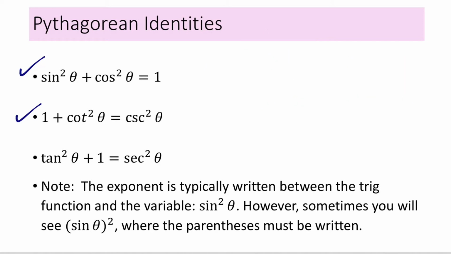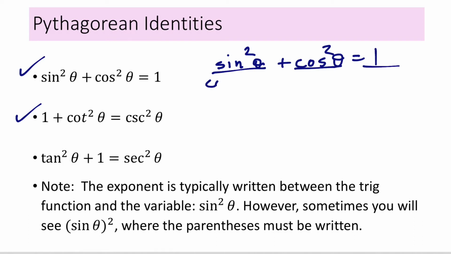Now for the third. Starting with sine squared of theta plus the cosine squared of theta is equal to 1, this time I'm going to divide through by the cosine squared of theta to get an alternate form of the Pythagorean identity. In the first term here, I've got the tangent squared of theta, because sine over the cosine is the tangent.